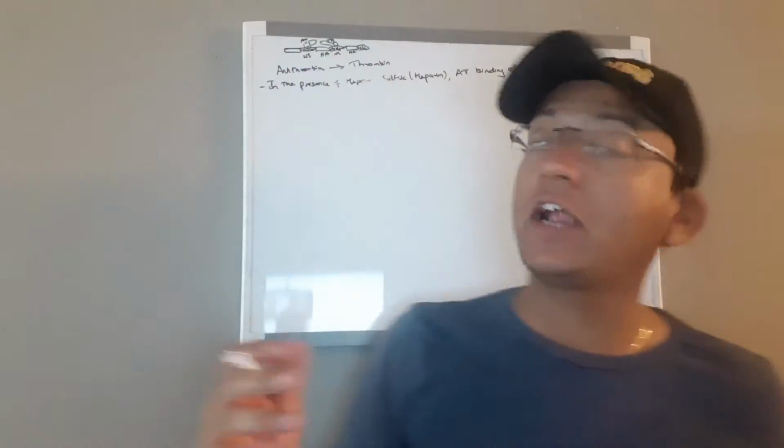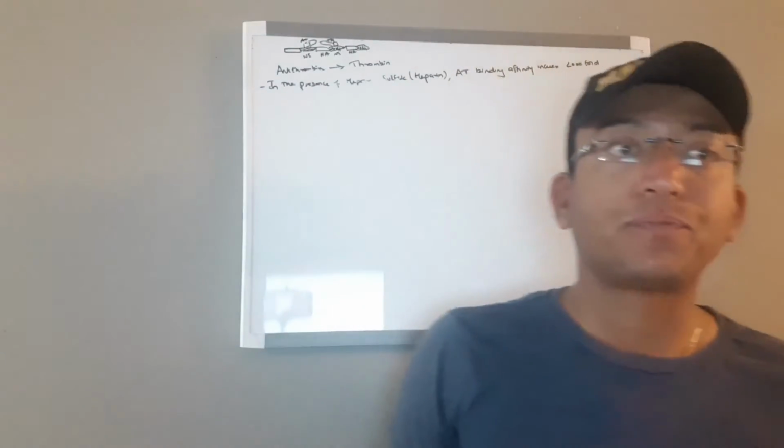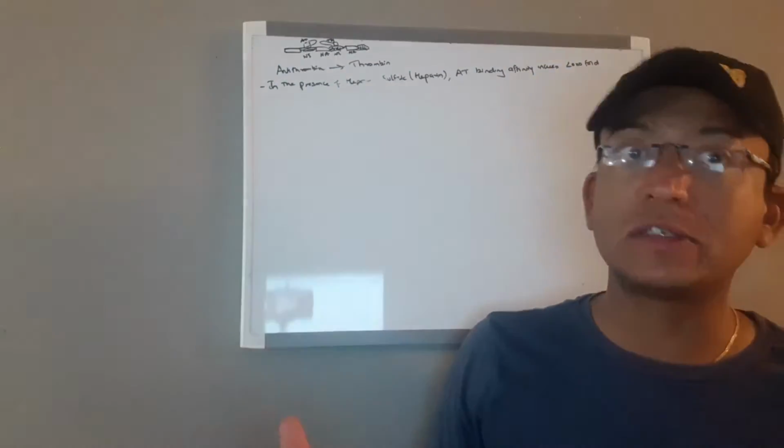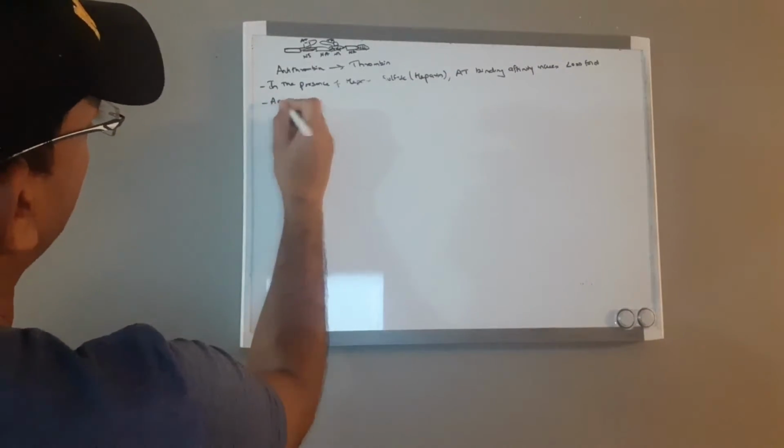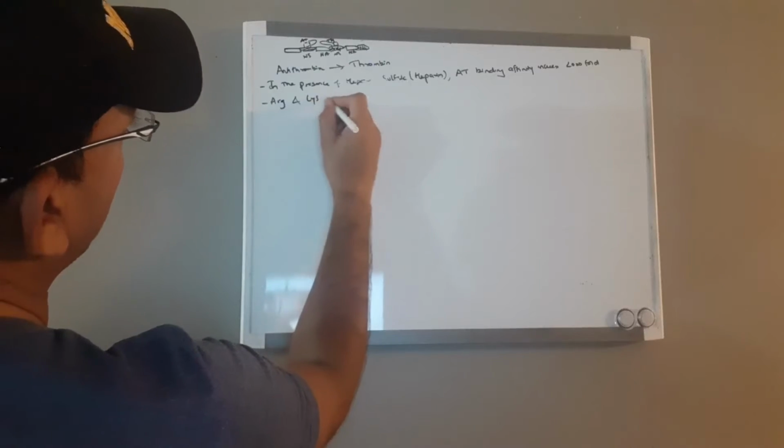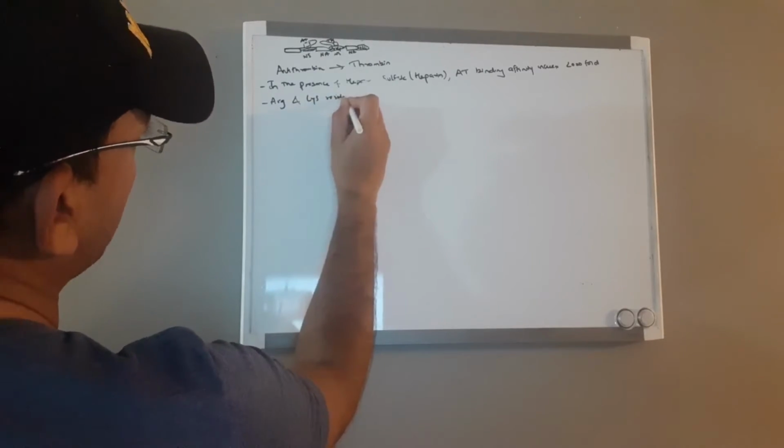So the binding sites of heparin sulfate or heparin in both proteins are rich in ARG and LYS residues, arginine and lysine. These are the amino acid residues.